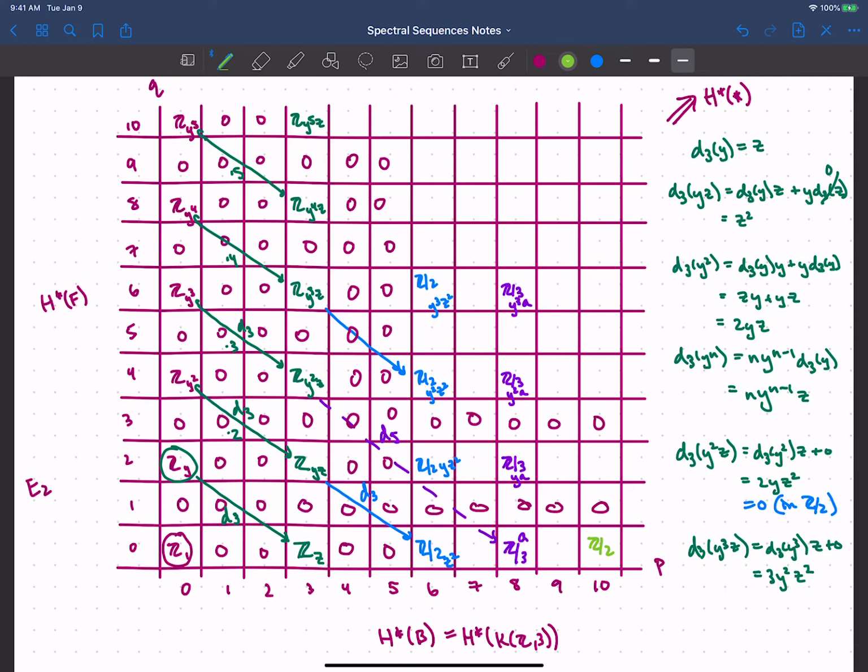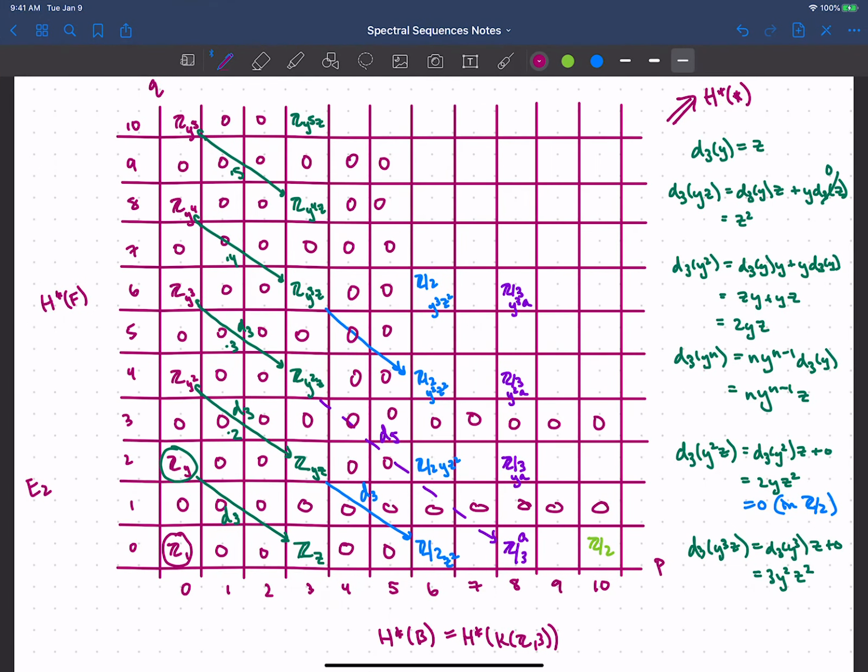The one last thing that I was hoping to get to in this example is to see that it doesn't make sense to talk about something that died earlier. What do I mean by that? I mean this Leibniz rule game that we're playing.